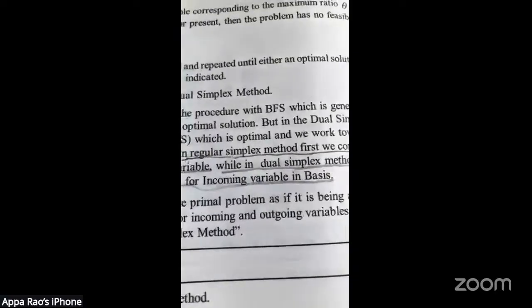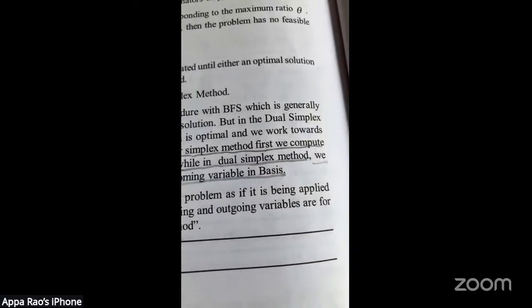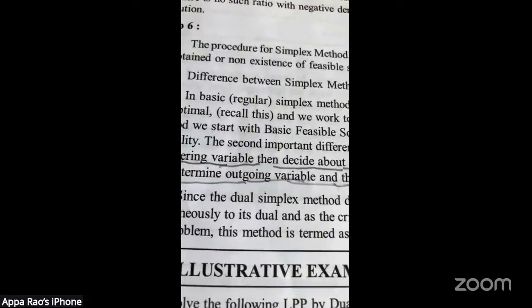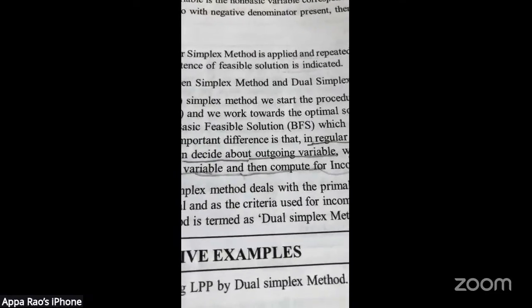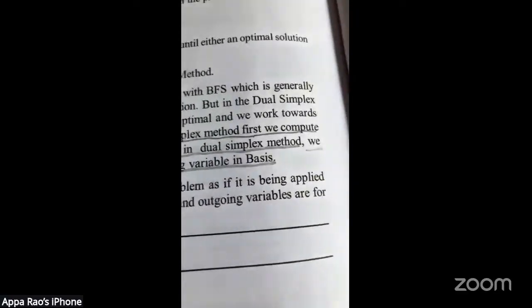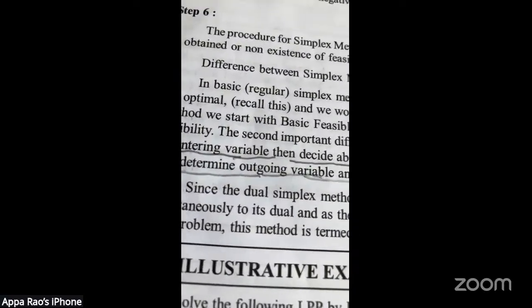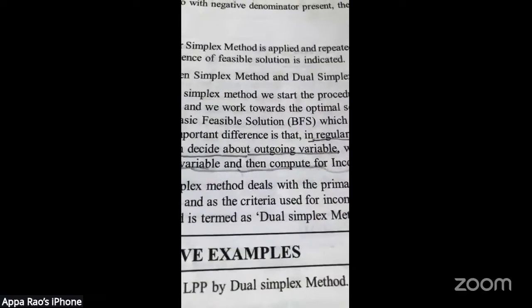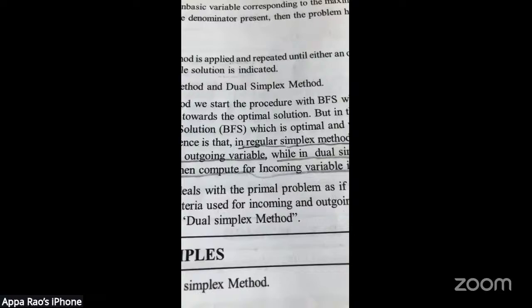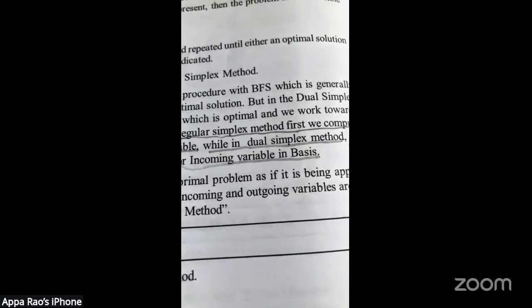The second important difference is that in the regular simplex method, first we compute the entering variable, then decide the outgoing variable. While in the dual simplex method, we first determine the outgoing variable and then compute the incoming variable.